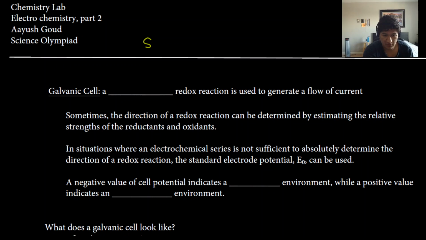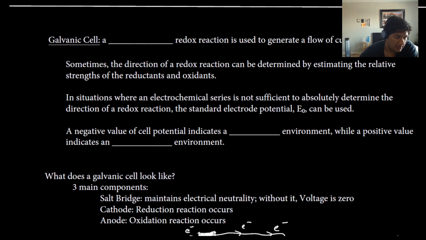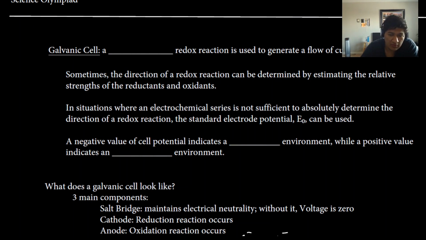So now, moving on to what we're going to talk about today, we're going to start out with a galvanic cell. A galvanic cell is the logical next step towards electrochemistry after learning about oxidation and reduction. A galvanic cell is essentially where a favored redox reaction is used to generate a flow of current.